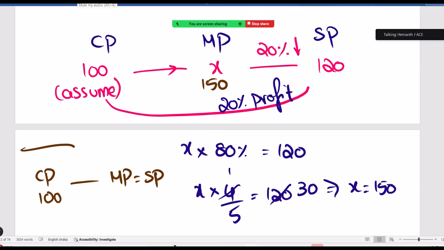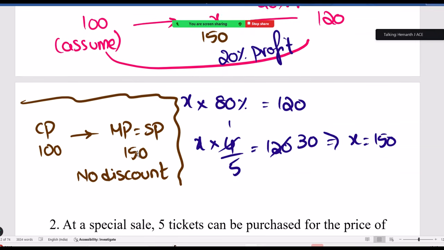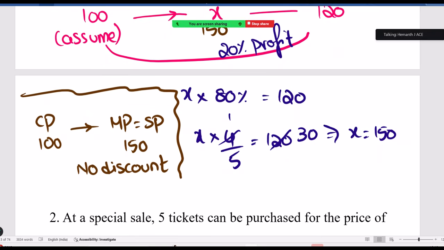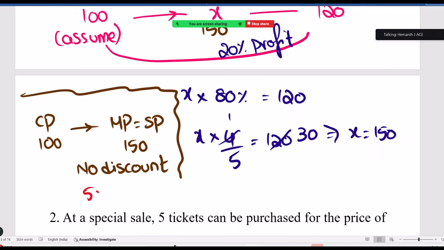This is the special case. If there is no discount, then the selling price and marked price must both be equal, and it's 150. When you purchase for 100 and sell for 150, you have 50% profit. This is a special case when there is no discount. See, 50% profit is the answer.